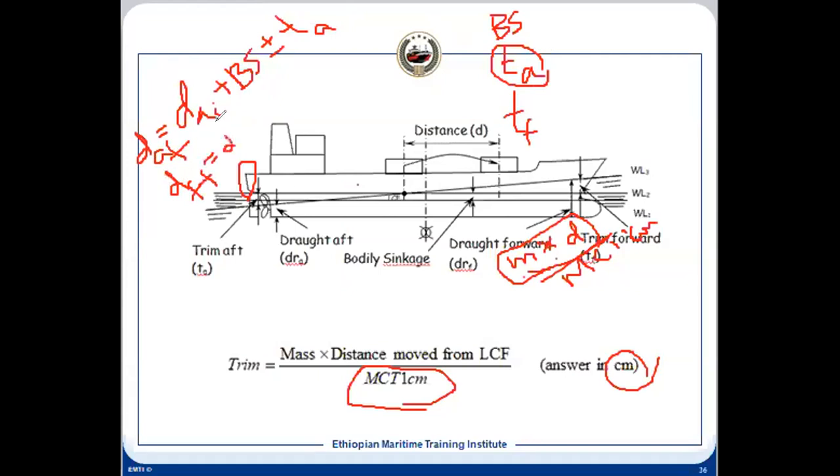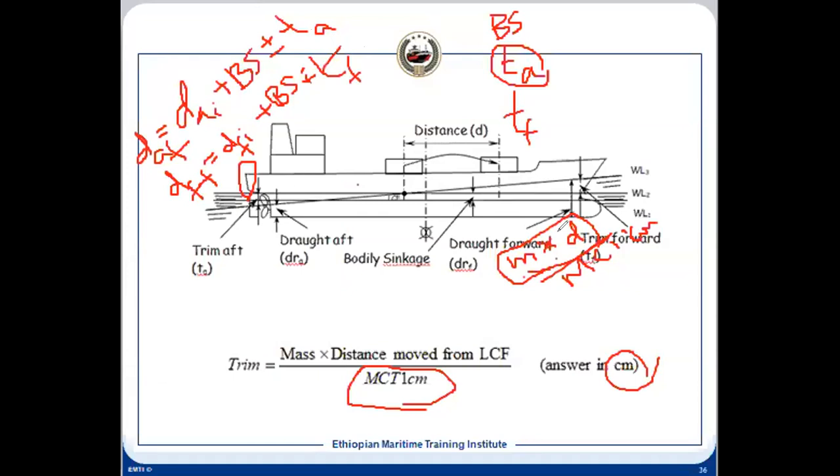DF initial is given to us, plus bodily sinkage, which will be plus in this case because the mass is added. And then this trim term is minus or plus: if it is plus, it will be minus; if it is minus, this will be plus. So this will be TF. So we can calculate the final draft, and always use these steps.